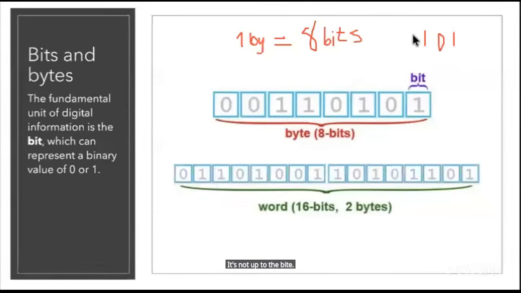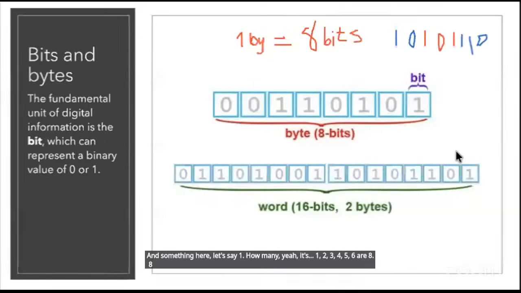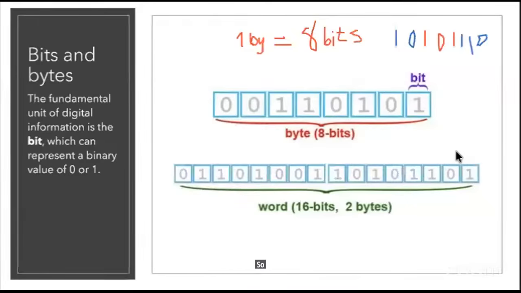Let me add something in front, 0. This is 4 bits. Let me add at the back, 1, 1. This is 6 bits. Let me add something here, 0, and something here, let's say 1. How many here? 1, 2, 3, 4, 5, 6, 7, 8. 8 bits, which is also equal to 1 byte. So that's the explanation. There's nothing much here.